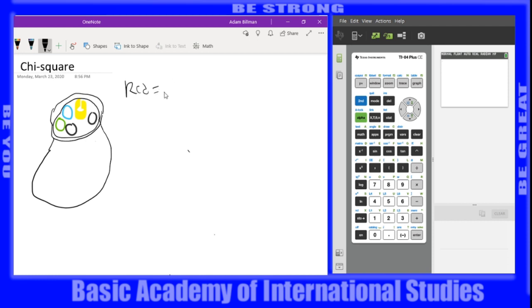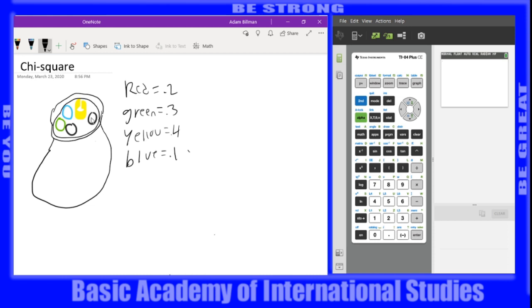That red is 20%, that green happens to be 30%, yellow is 40%, and blue is 10%.